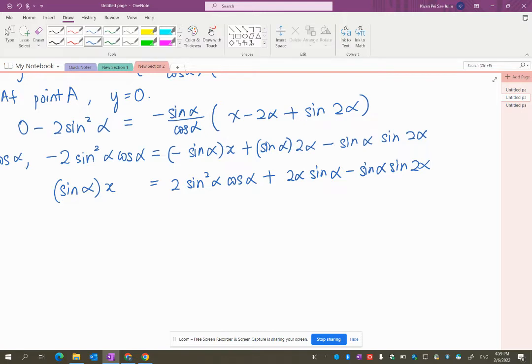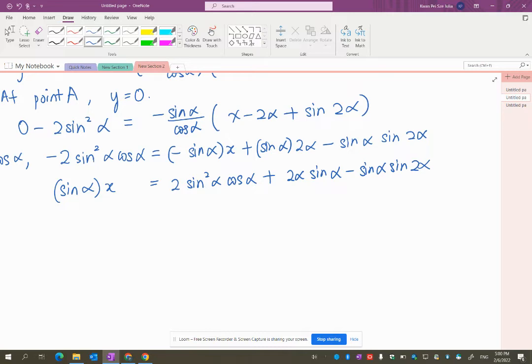So let's verify if sine alpha is really non-zero before we do the division. You can't just divide by sine alpha if sine alpha can be 0, because you'll be doing division by 0. So let's do a check. When is sine alpha 0?